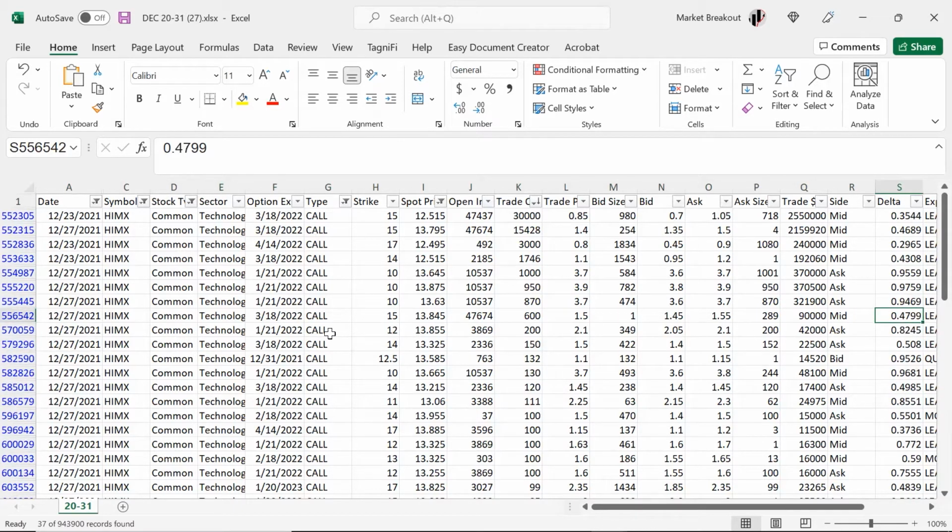This is March. And again, 30,000 March. This was 23rd December, before holiday. We see this trade quality.